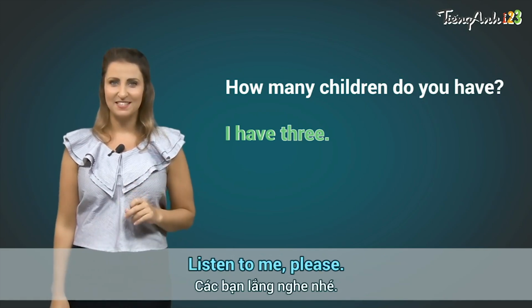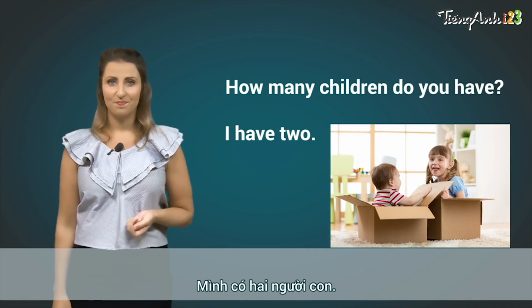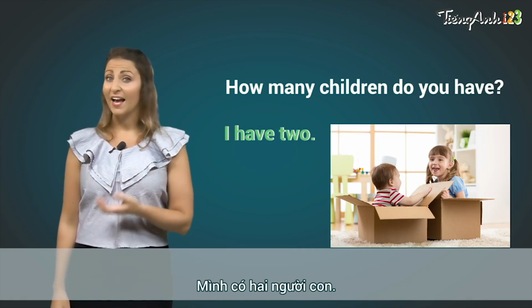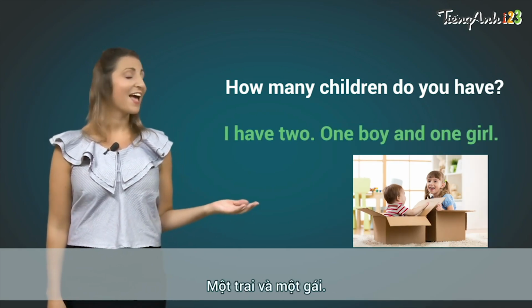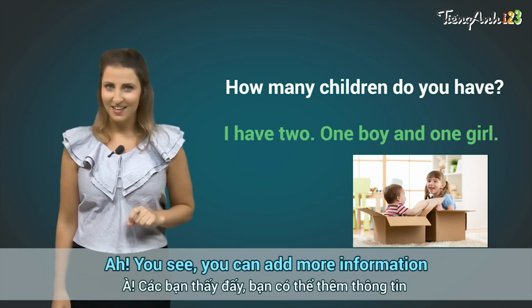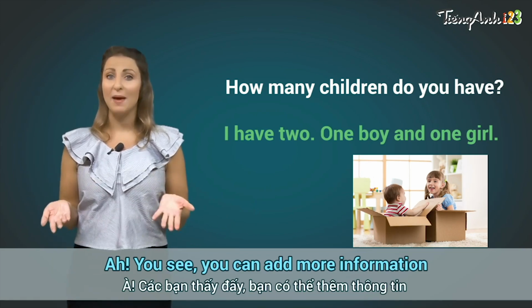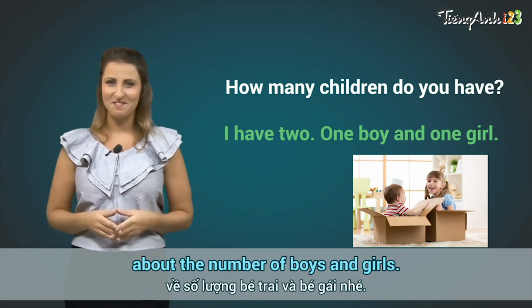Listen to me, please. I have 2. I have 2. 1 boy and 1 girl. You see, you can add more information about the number of boys and girls. Easy, right?